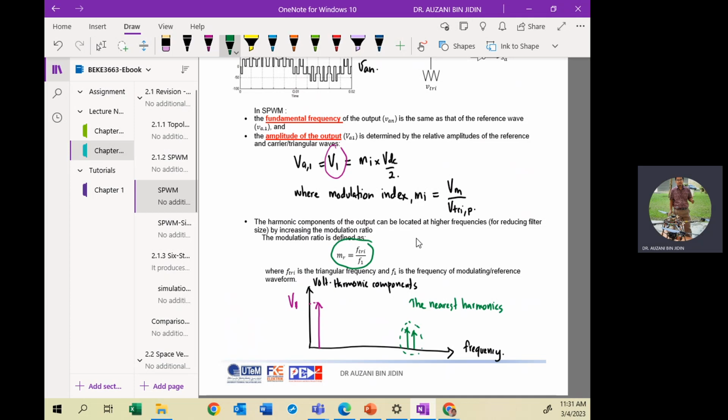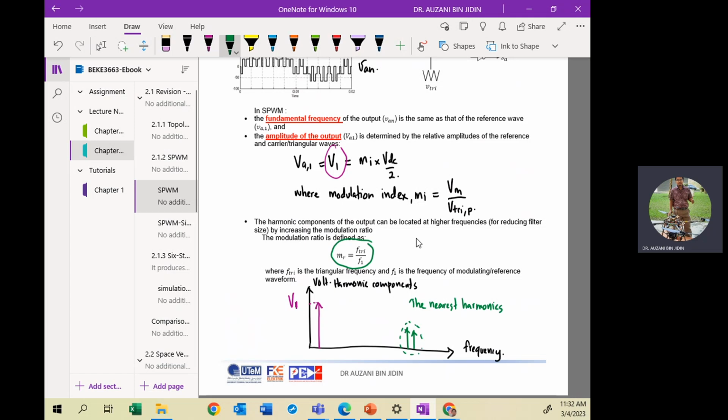The triangular frequency determines the inverter switching frequency. For example, we set 10 kilo or 50 kilo, depending on your type of power switch. For an IGBT you can set 50 kilohertz, but for a MOSFET maybe beyond 100 kilohertz.